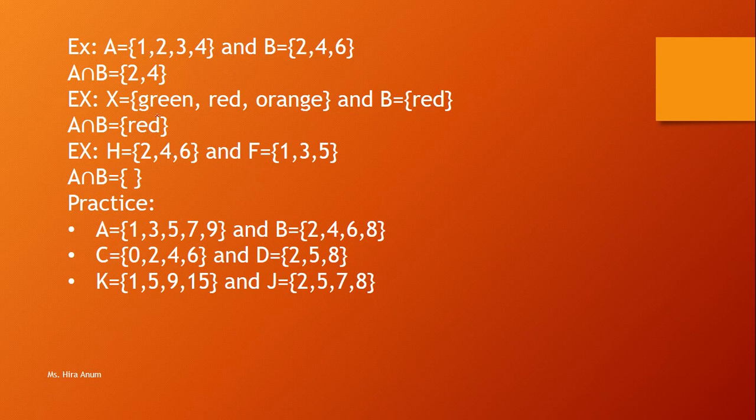You have an example like green, red, orange and B is red. Red is similar, so answer intersection will be red. H is 2, 4, 6 and F equals to 1, 3, 5. Then both are numbers that are different, so intersection will be empty set.